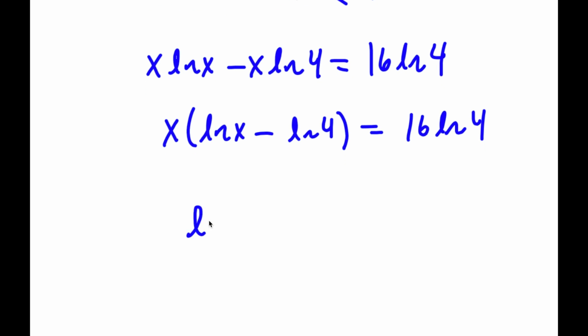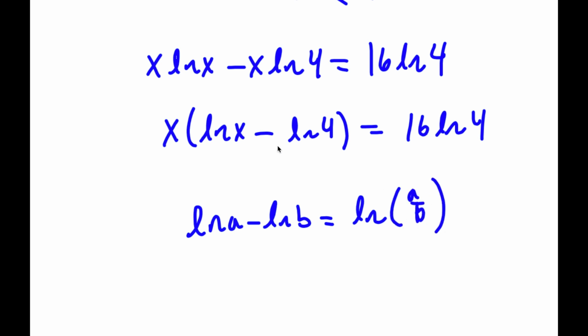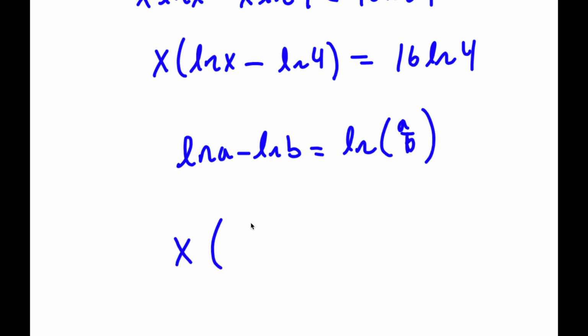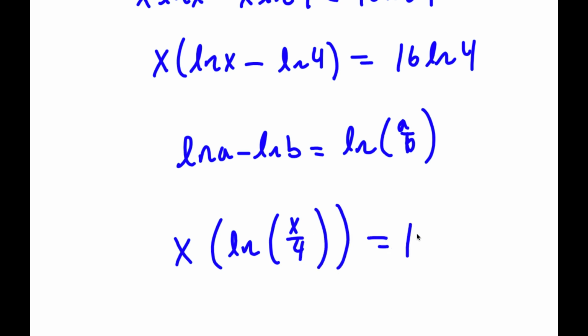Now if I have something in the form ln a minus ln b, this is equal to ln a over b. So in this case, this is going to equal x times ln x over 4, which is equal to 16 times ln 4.